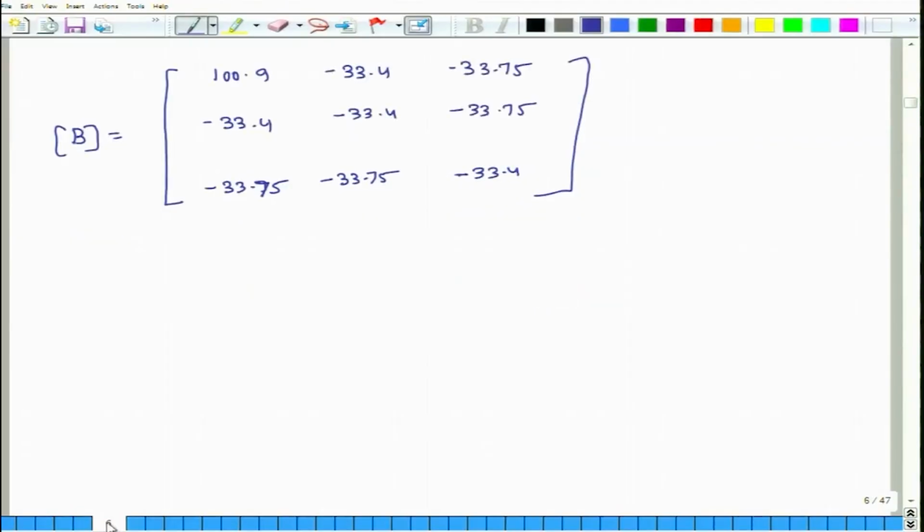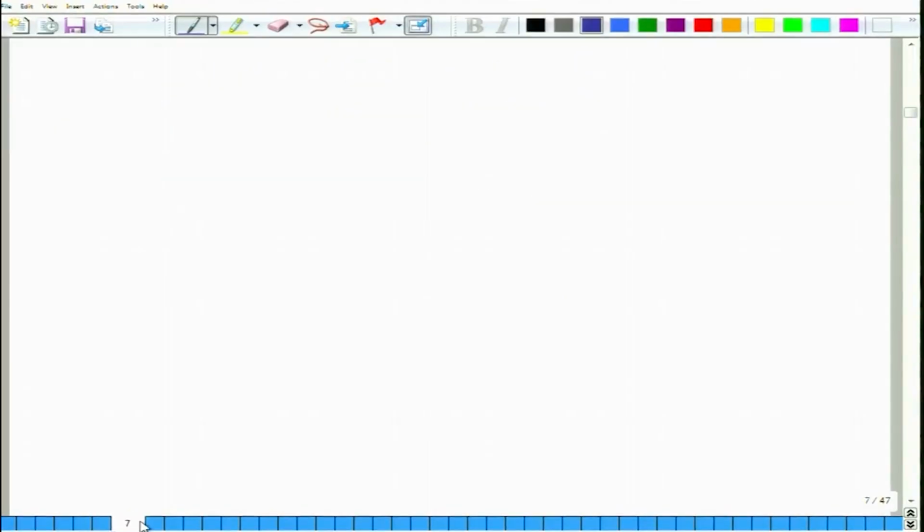So, this is the B matrix, and finally we compute elements of the D matrix. So, Dij equals the sum for k equal to 1 to n of Qij bar for the kth layer times Hk cube minus Hk minus 1 cube divided by 3.